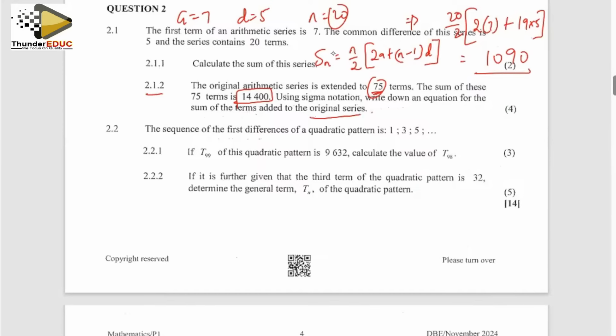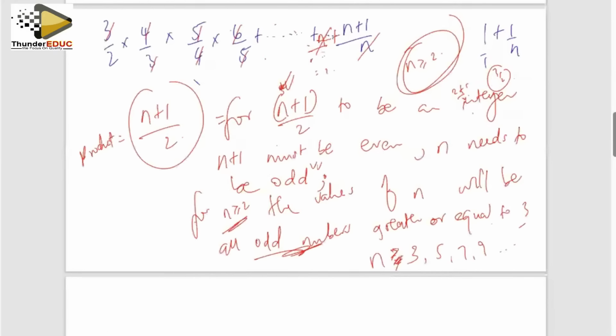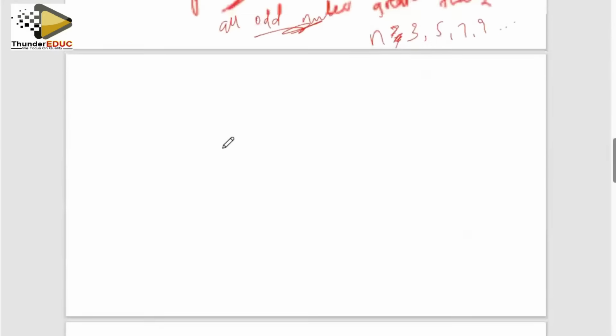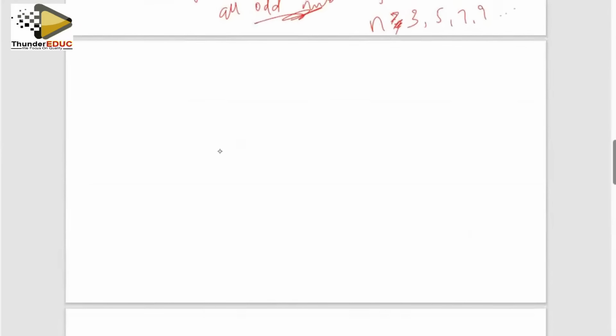So my approach to this question was, one, I have the sum of the first 20 terms. So S20 is 1090. They are telling us that S75 is 14400.